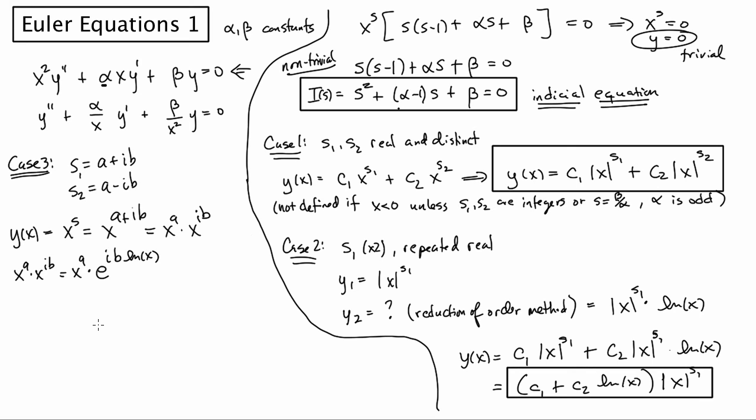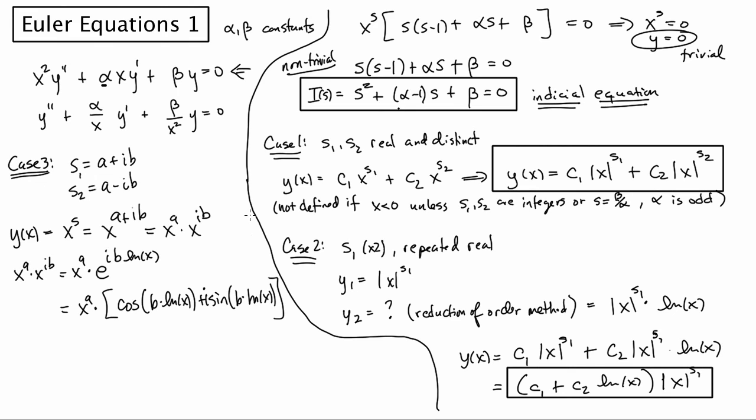So I exchange x for e to the natural log of x, which is the same thing as x. And so I can use Euler's formula now to write this as cosine of b times natural log of x plus I sine of b natural log of x.